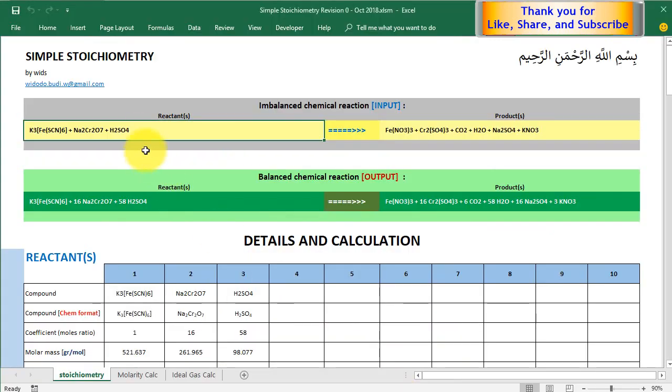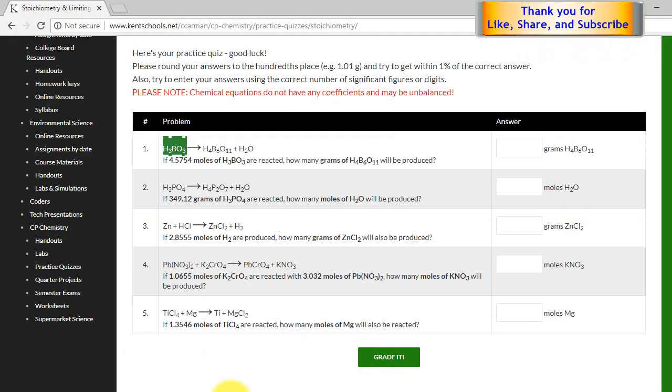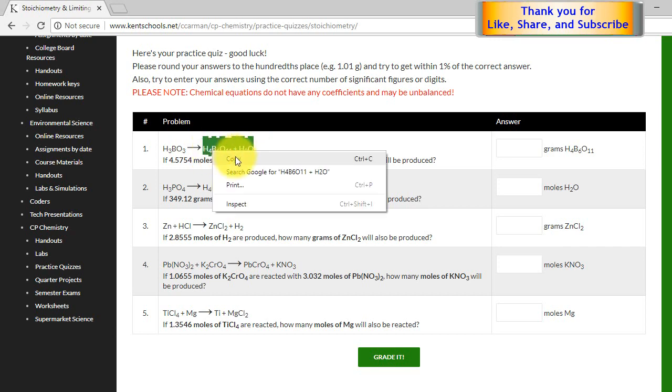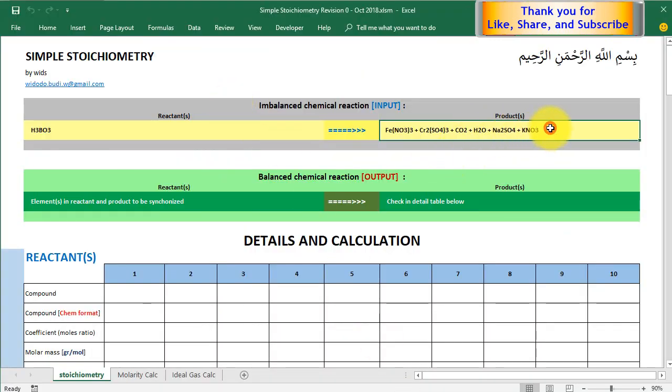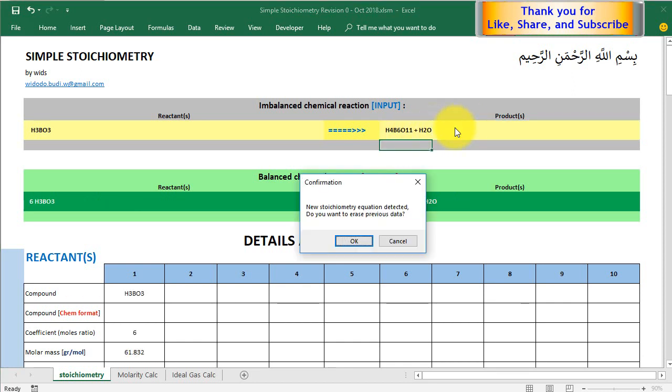Boric acid reacts and produces, I think, colemanite and water. Hit enter. I think it is okay.